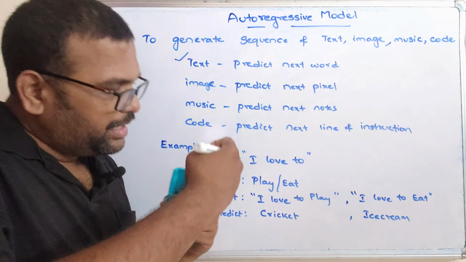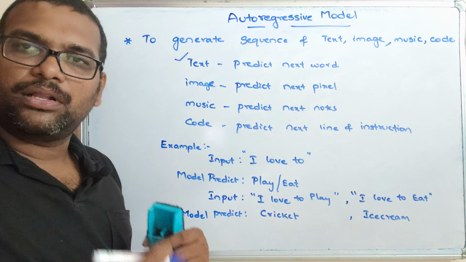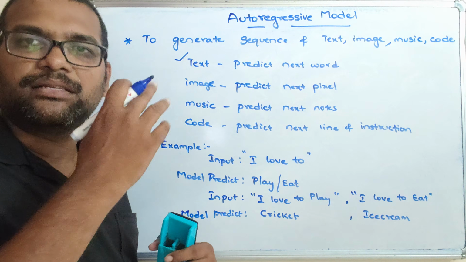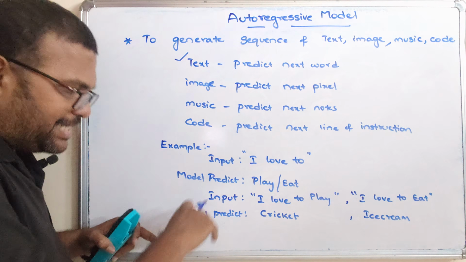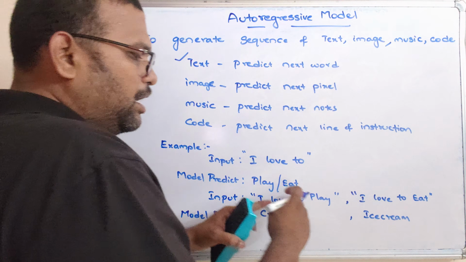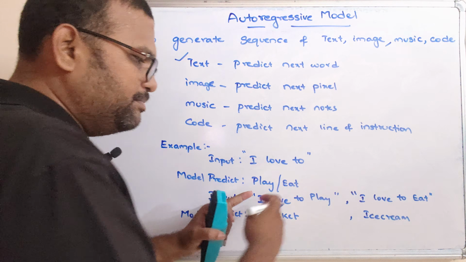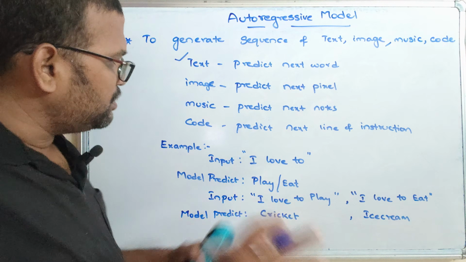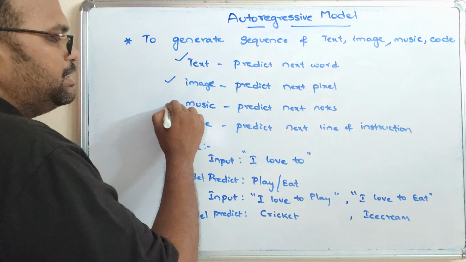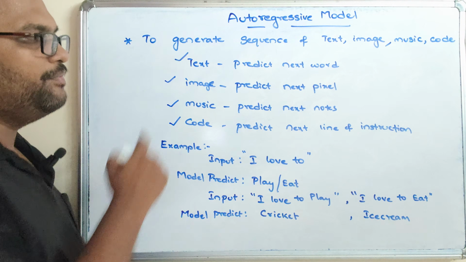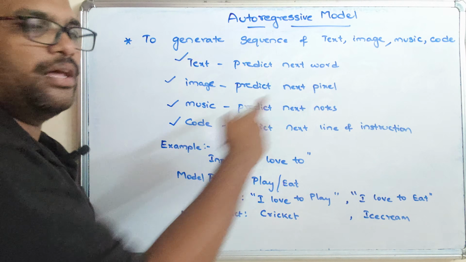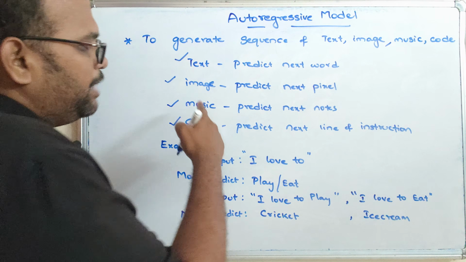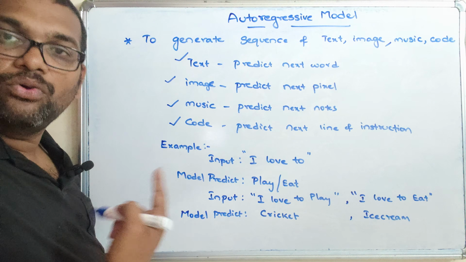So the current words or the current sequence will be predicted from the past inputs. For the next time, the input will be "I love to play cricket", and from this sequence of words it will predict the next sequence. The same thing happens with image, music as well as code. If it is an image, it will generate the next pixel. For music, it will generate the next notes.